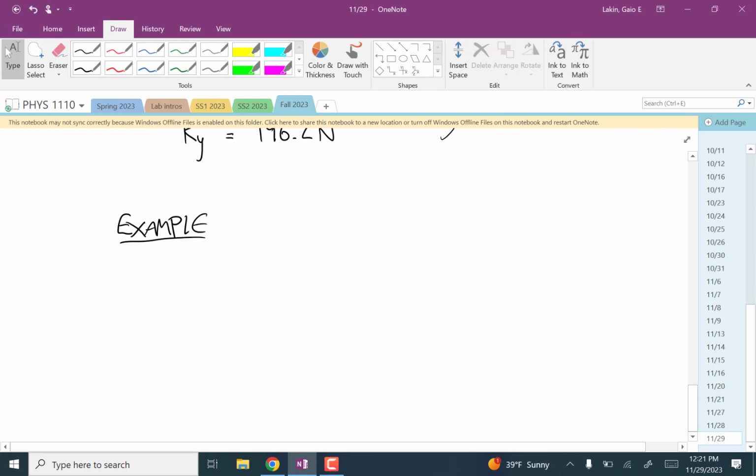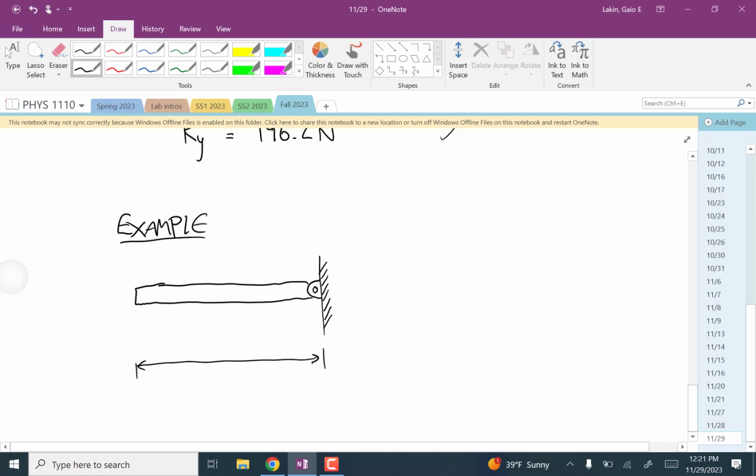Okay, so let's say that we have a board connected to the wall. It has a length of 4 meters. We're going to ignore the thickness. And let's say the mass is 10 kilograms.